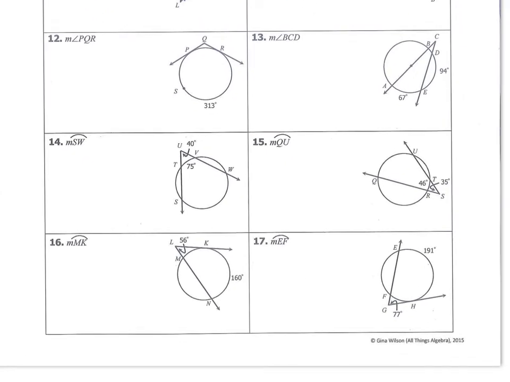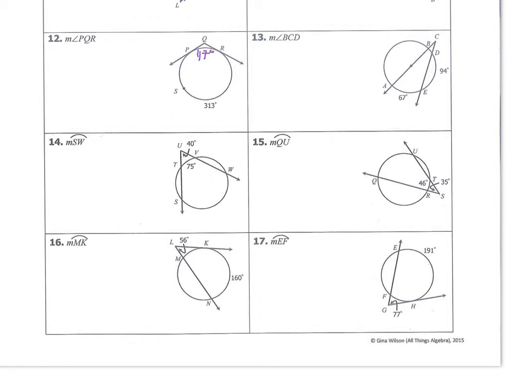All right, so look at number 12. Number 12 is where you get two tangents intersecting. They kind of look funny. Do I have all of the arcs? I have this arc with 313. Do I have this arc here? So subtract that from 360. All right, so let's do 360 minus 313. What do we get? 47. So this is 47 degrees.